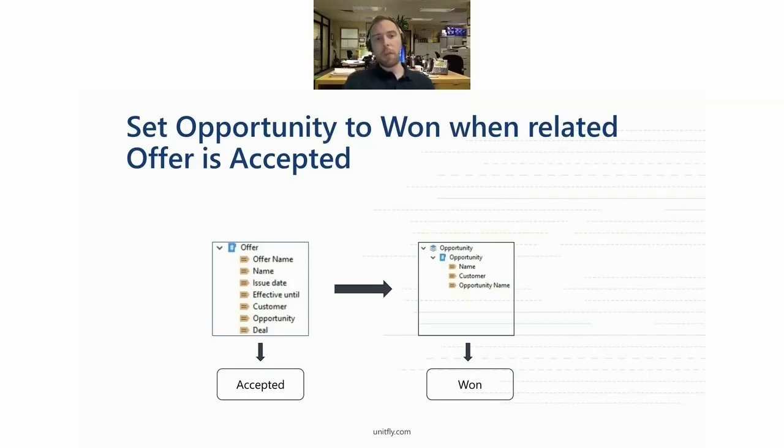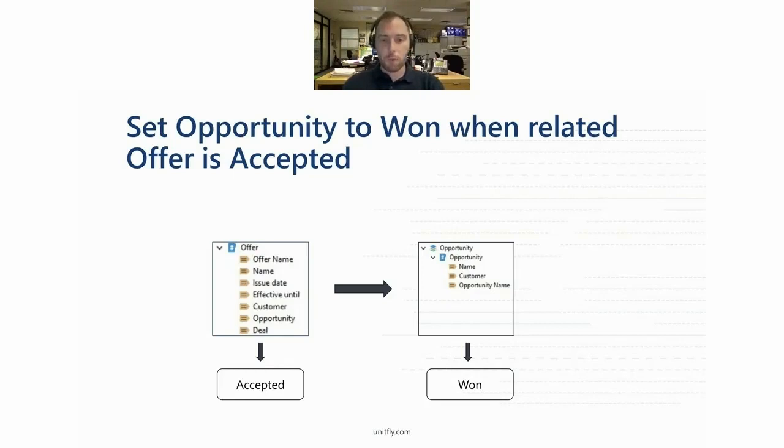When we send an offer to a customer, and this offer is accepted, and we have all the offers in M-Files, and somebody from the sales department, a salesperson, sets that offer to accepted, we will set the related opportunity to 1. So we have the property opportunity in the offer class, and then we will set this related opportunity to 1.